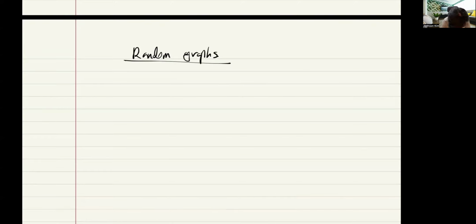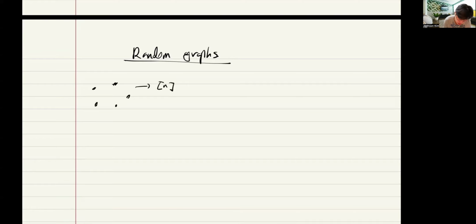So now we will talk about random graphs. In the previous sections so far, we often generate a graph by taking n vertices, which we usually identify with numbers from 1 to n.